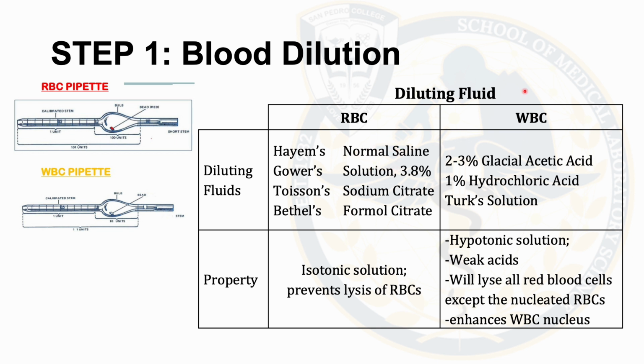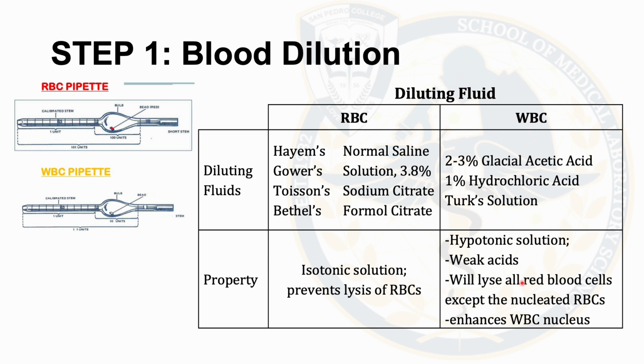While for your WBC, again, the diluting fluid should lyse the RBC. Therefore, what you can use is a hypotonic solution, so that your RBCs will swell and at the same time burst, leaving only the WBCs in the solution. If only WBCs are left, then it will not be difficult for you to count the WBC.